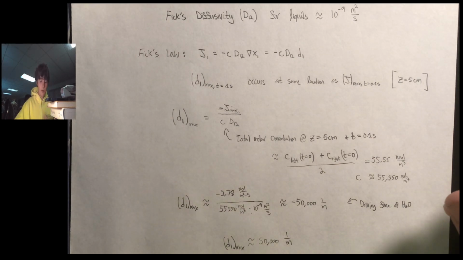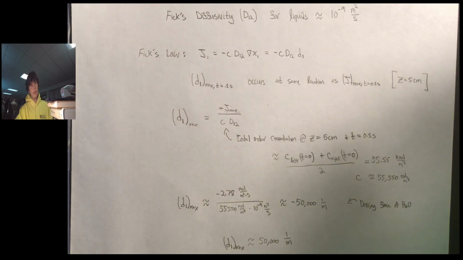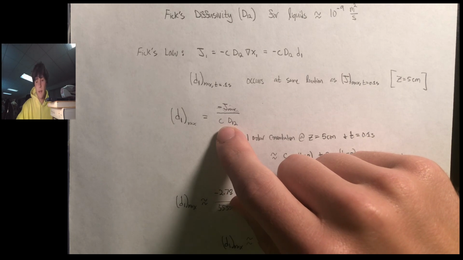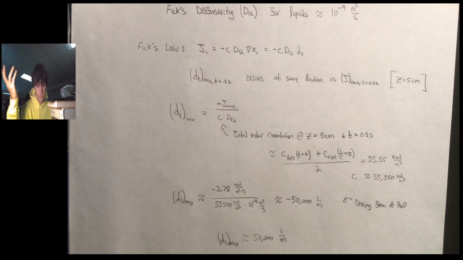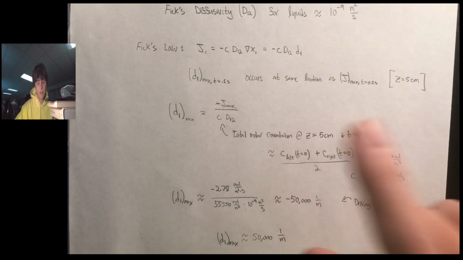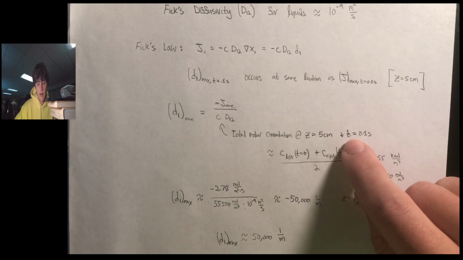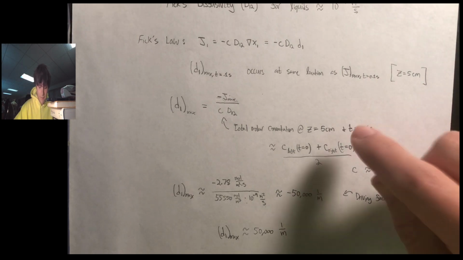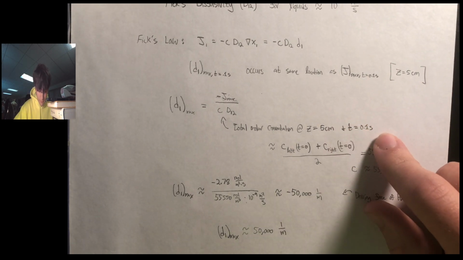And well, what is the total molar concentration? It's approximately equal to the molar concentration at equilibrium. Because the total molar concentration is a function of time and position, it has to be the total molar concentration at 5 centimeters and time equals 0.1 seconds.